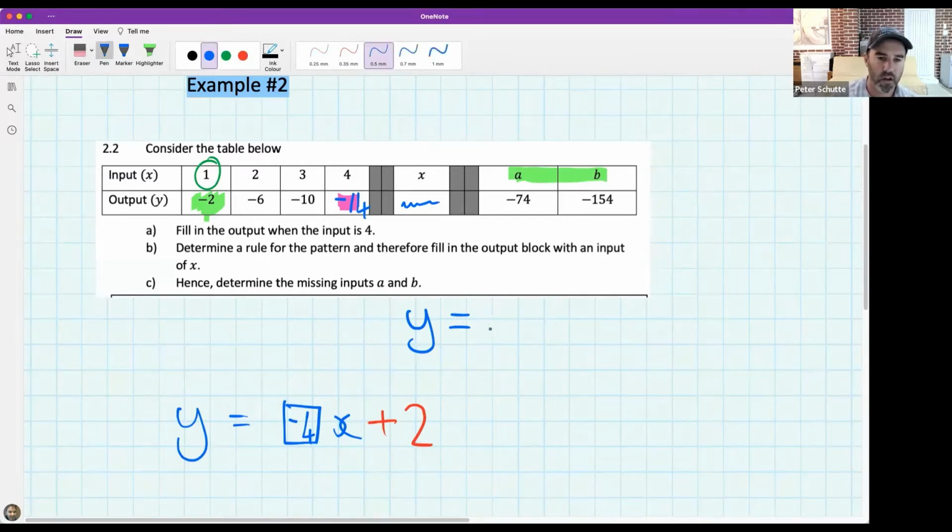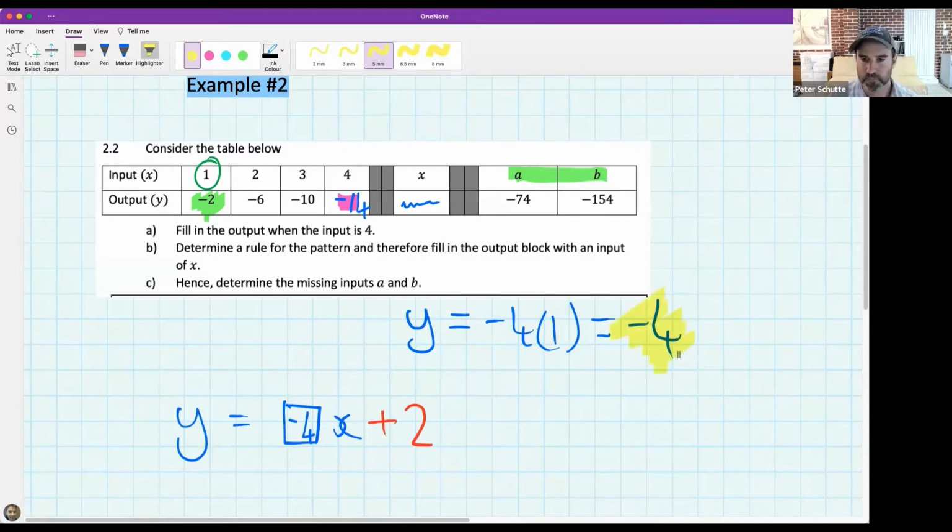Sir, because I checked first to see the numbers. I first saw it's going down by 4, and then you should add 2 to get to the first term.